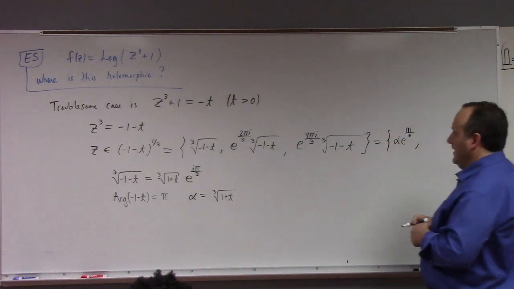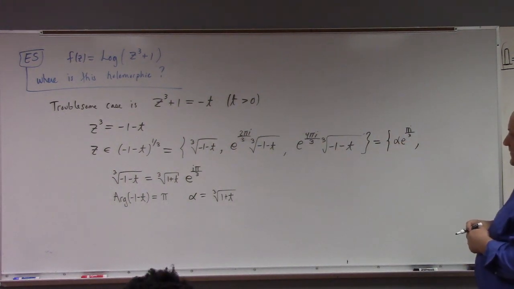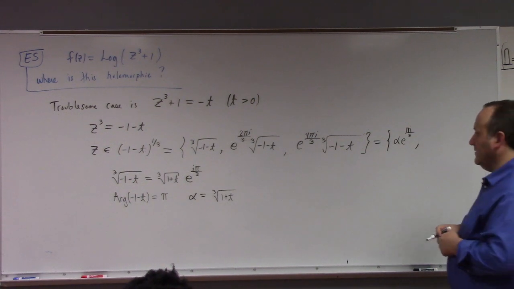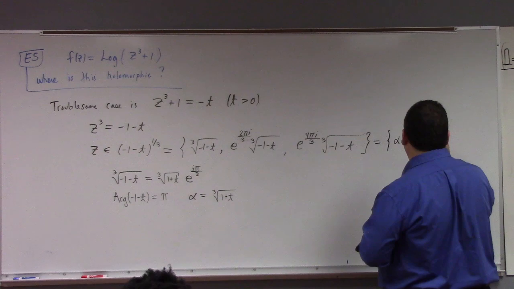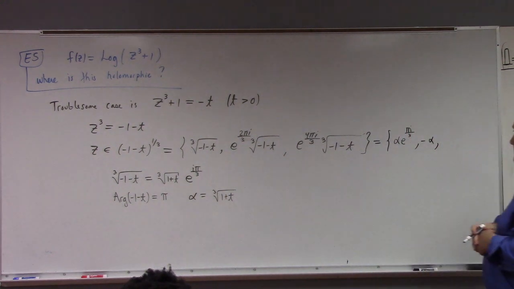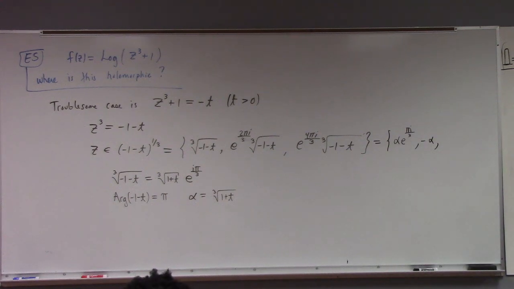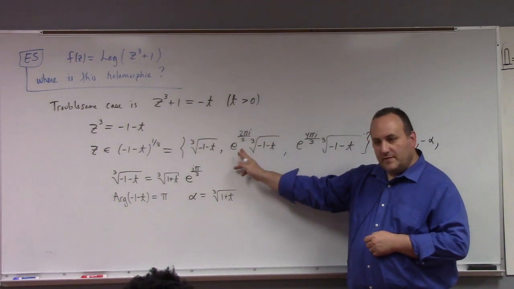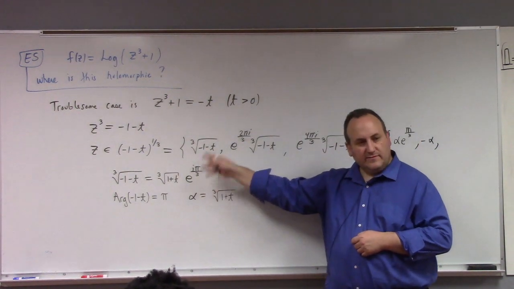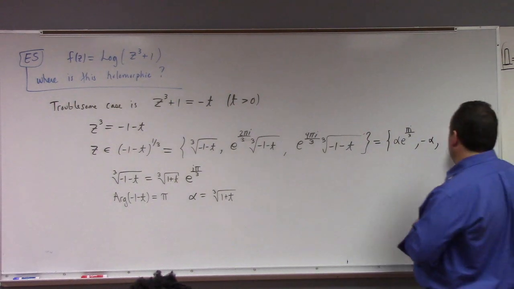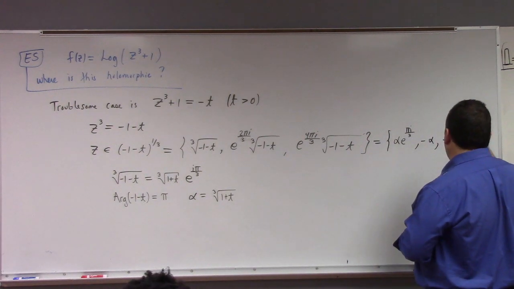And then what happens when you add, what's 2/3 plus 1/3? It's 1. What's e to the pi i? Negative 1. So that's actually just minus alpha, because I have 2 pi over 3 and then pi over 3, which gives me pi, and e to the pi i is minus 1. And then I get minus alpha e to the pi i over 3, if you like.